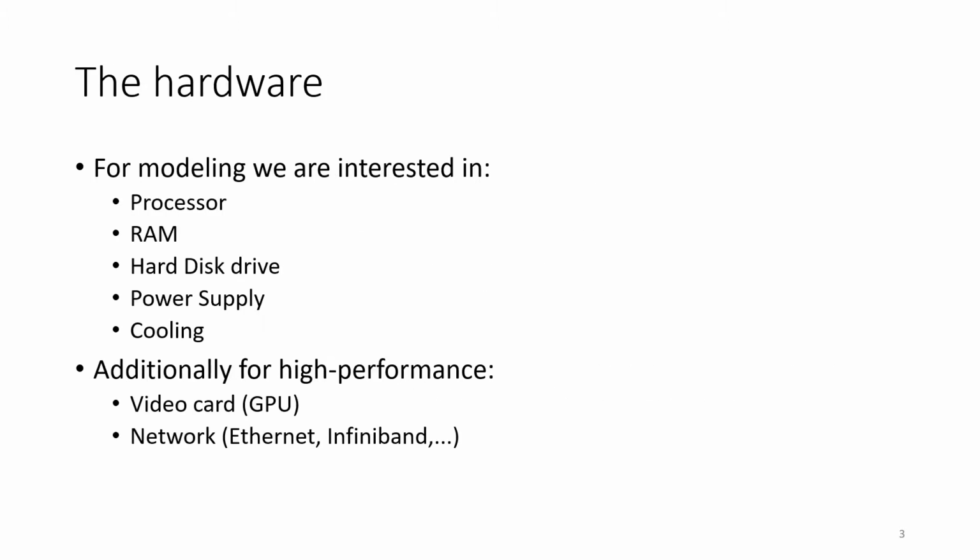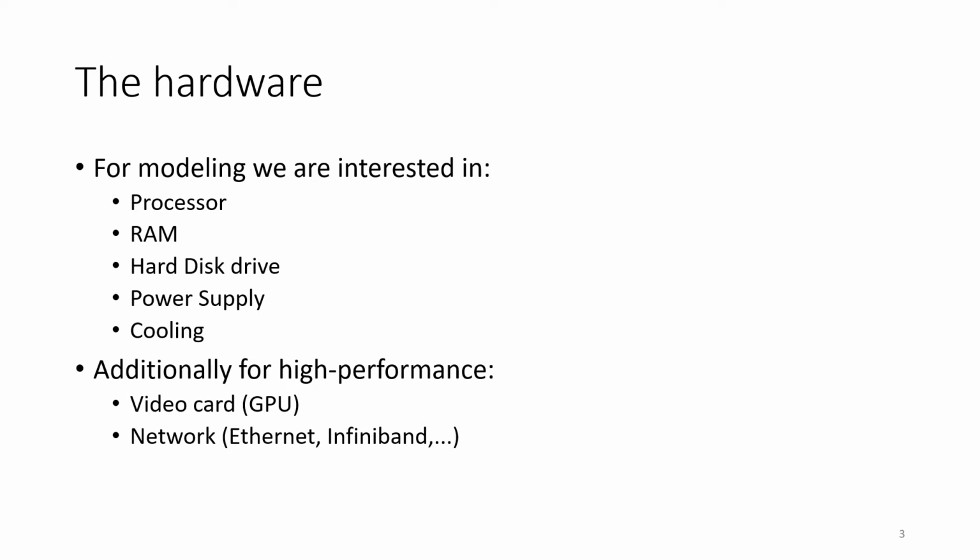What is important for us in numerical modeling, of course, is the processor, which is the bottleneck for the speed of our simulation. We need to talk about RAM, random access memory, because that's where we store our information. We'll need to talk about the hard disk drive, because that's where we have the permanent storage for data.